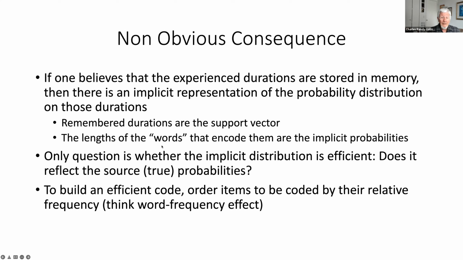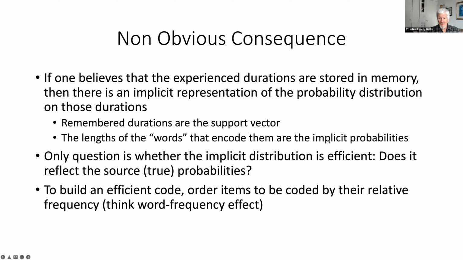If we believe, as presumably we do, that the brain has some way of encoding the different things, changes this synapse or changes that synapse, then those things that encode are the words, and those things must in some sense have a length, an amount of physical resource that is used, and that constitutes an implicit probability.